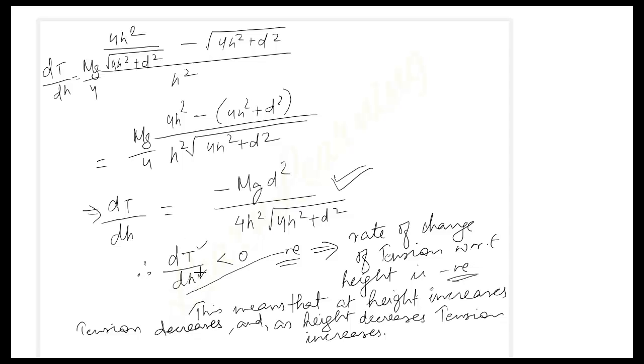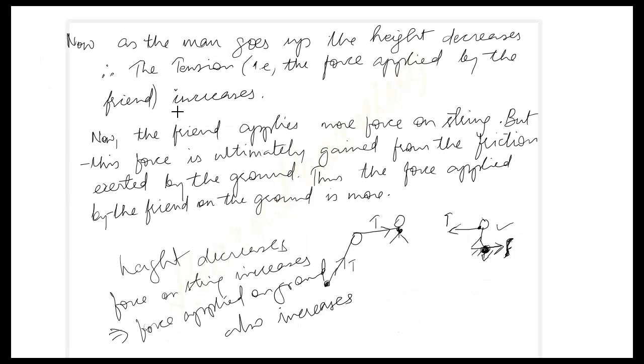So when the man is going up, the tension is increasing in this case, because the rate of change is negative. So as the man goes up, the height decreases, and the tension, that is the force applied by the friend, increases. Now the friend applies more force on the string, but this force is ultimately gained from the friction exerted by the ground. Thus the force applied by the friend on the ground is more.